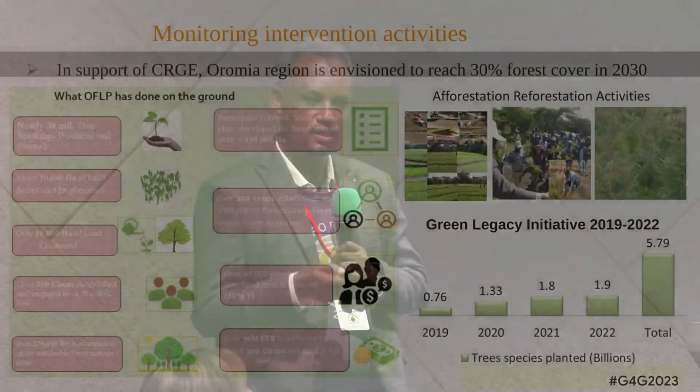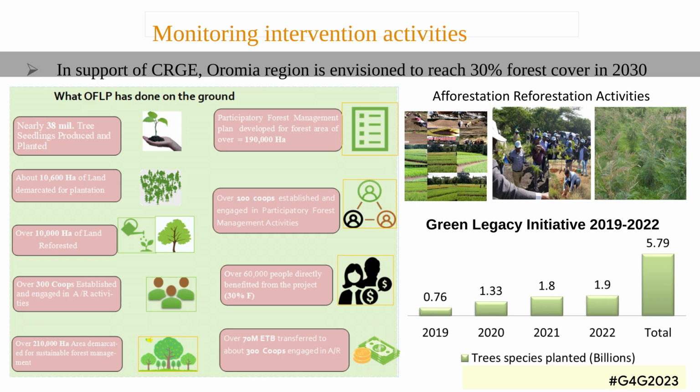And these are some activities which we are implementing in the region. The first figure shows different activities like afforestation, reforestation, forest management activities, as well as coordinating CBOs, community-based organizations, in order to develop and protect forests.